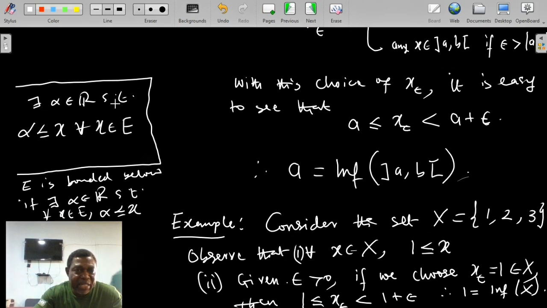But here, to negate this, you'll find that I will be in trouble, in the sense that once you change this for all alpha, jumping this to come here and change this will be a problem. But if you present it this way, you'll find out that for all alpha, there exists x alpha such that something happens. It's better that we do our expression in this way for negation to be easy than to do it in this form.